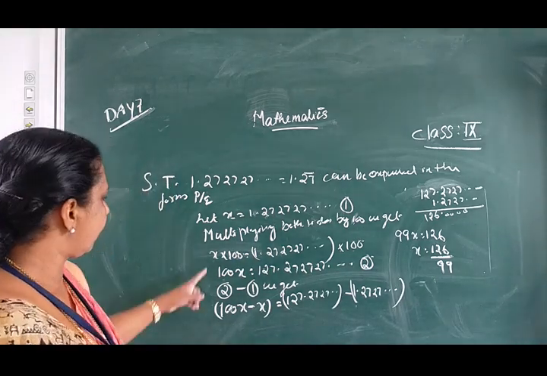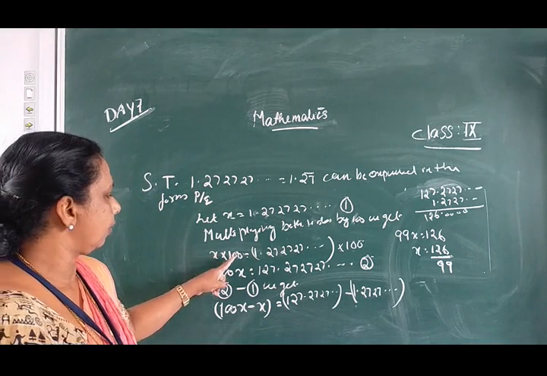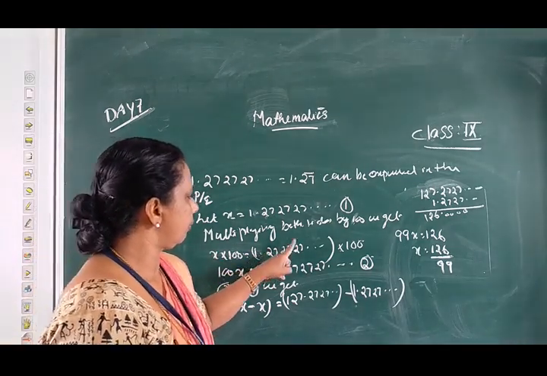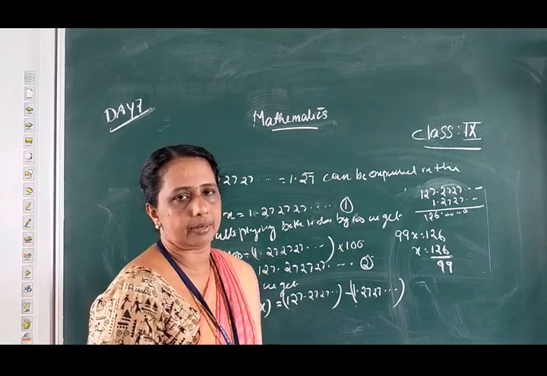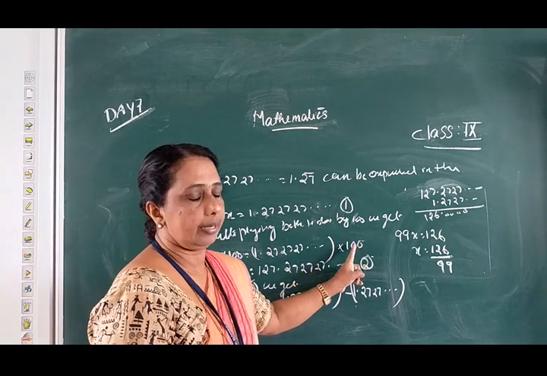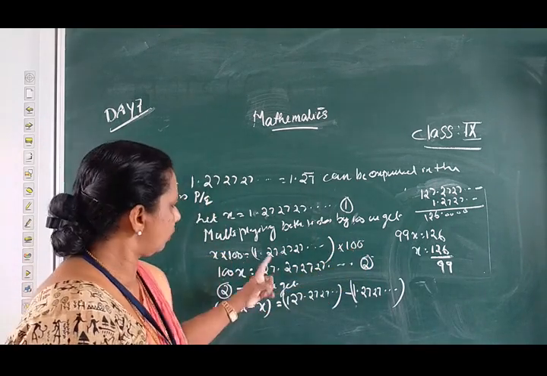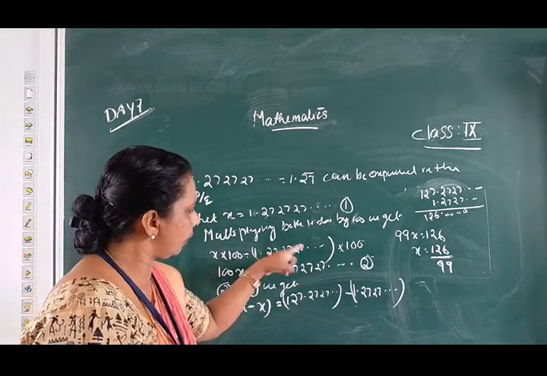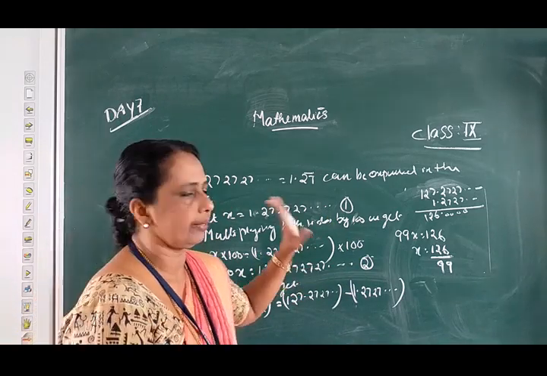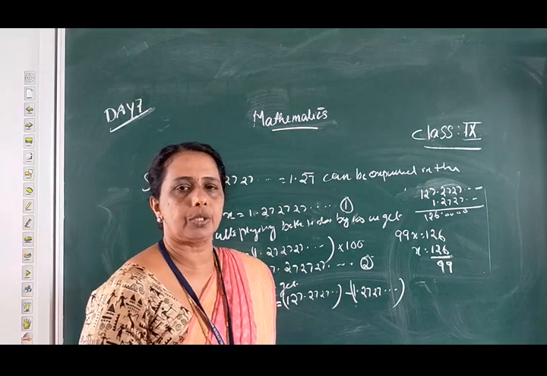Left hand side x into 100 is 100x. Right hand side 1.272727 etc. into 100. Since 100 has 2 zeros, the decimal moves after 2 digits. It becomes 127.272727 etc. That is equation number 2.